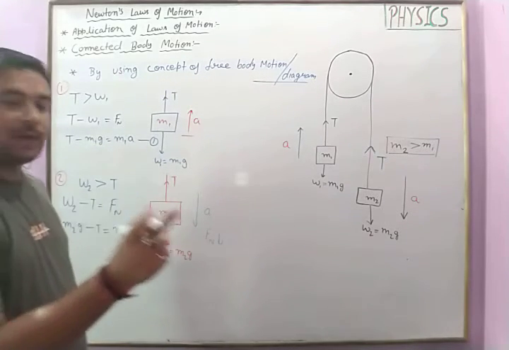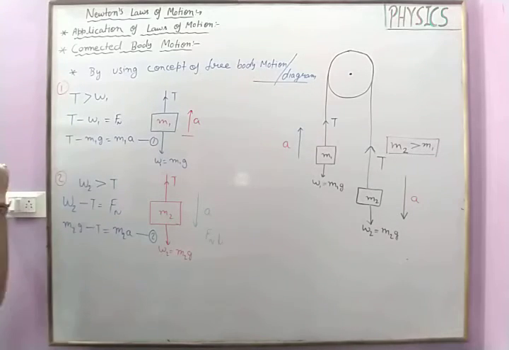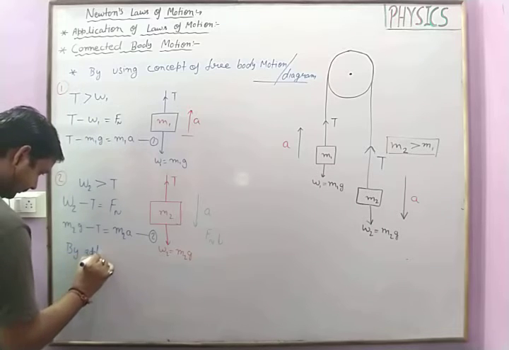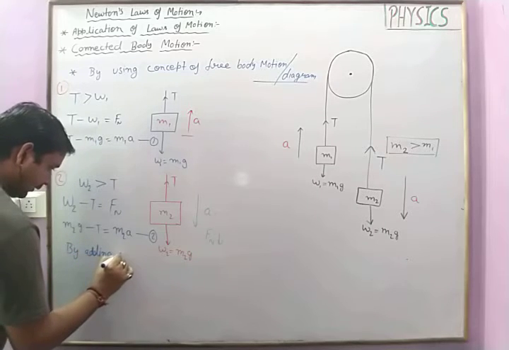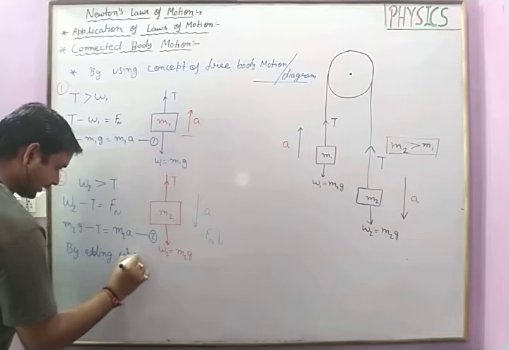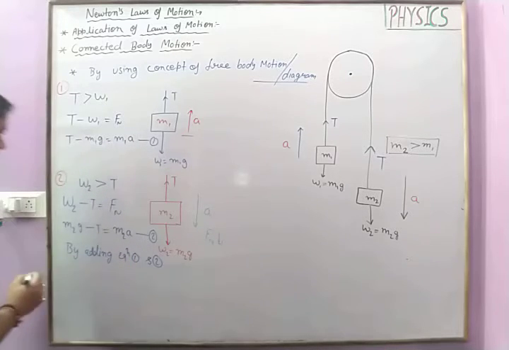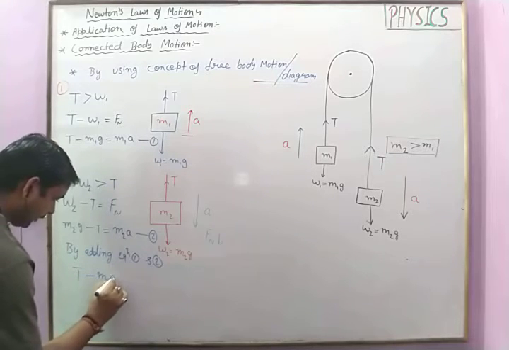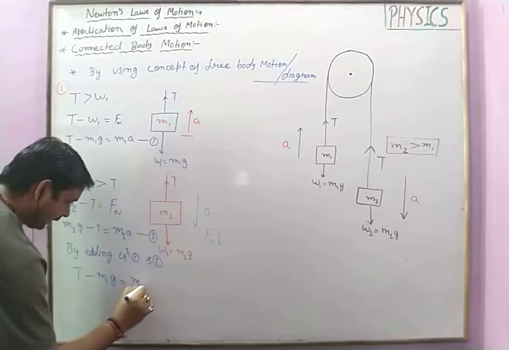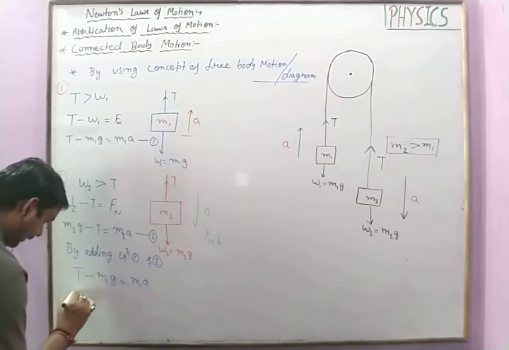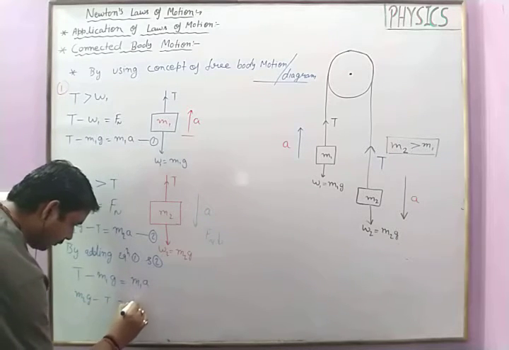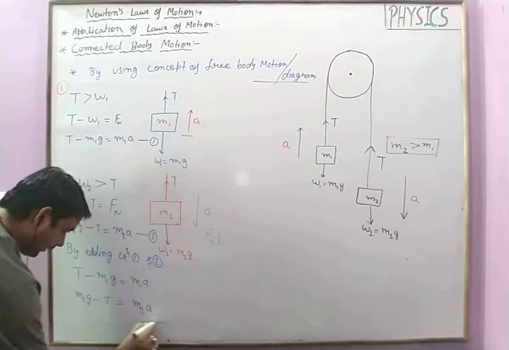Now, on comparing both the equations, by adding equation first and second, we will get T minus m1g is equal to m1a, and m2g minus T is equal to m2a.